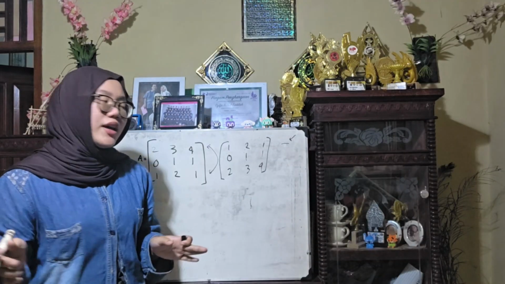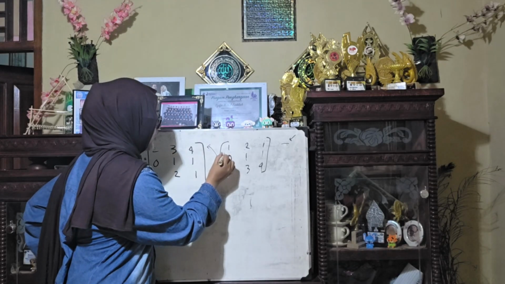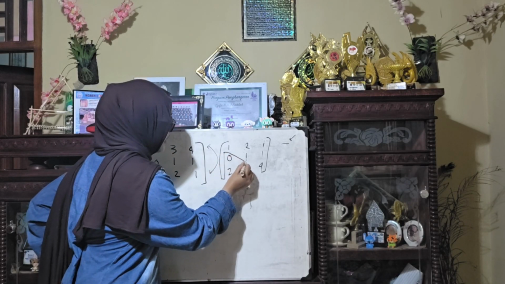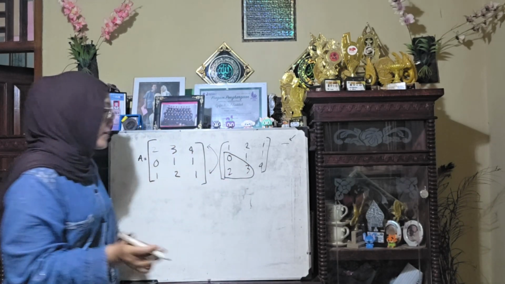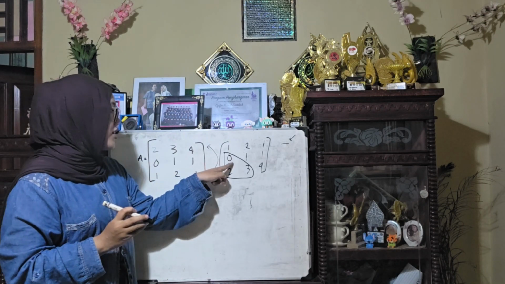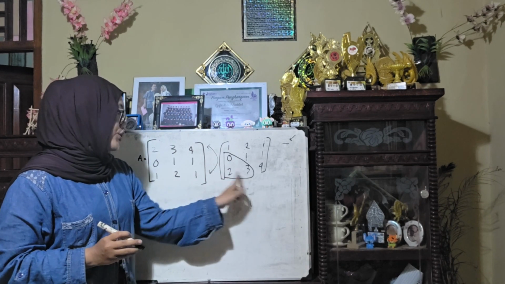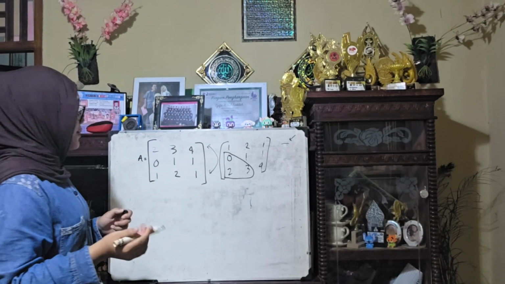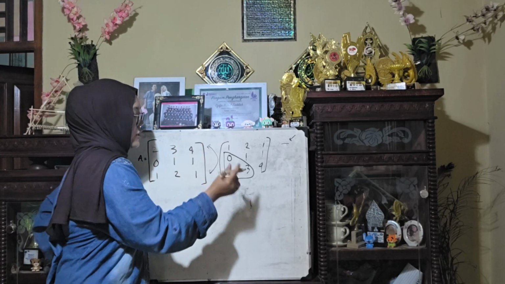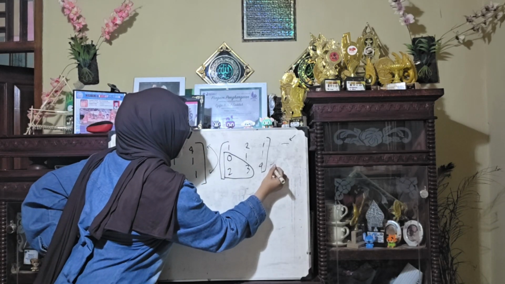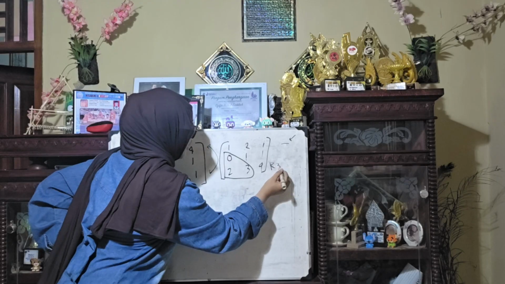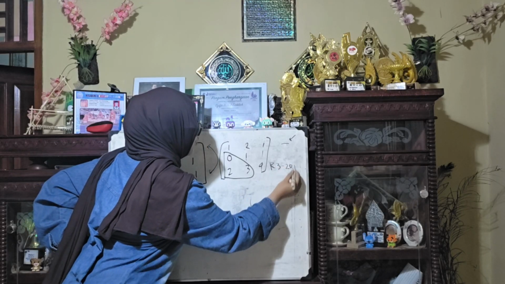So we are going to make an upper triangle, right? We need to make this 0. We already have 0 here, so we only need to think about this 2. How do we do that? We can use row 3 minus 2 times row 1.